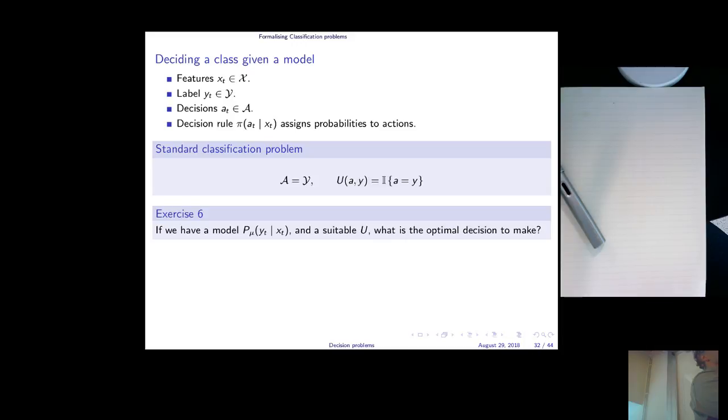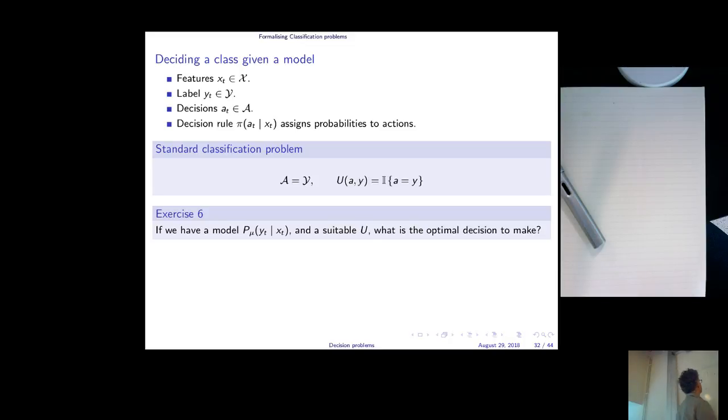Do we see the label? No. Do we see the action? We choose it. So we choose the action, and we want to maximize this, and we have the model, so let's put it there.